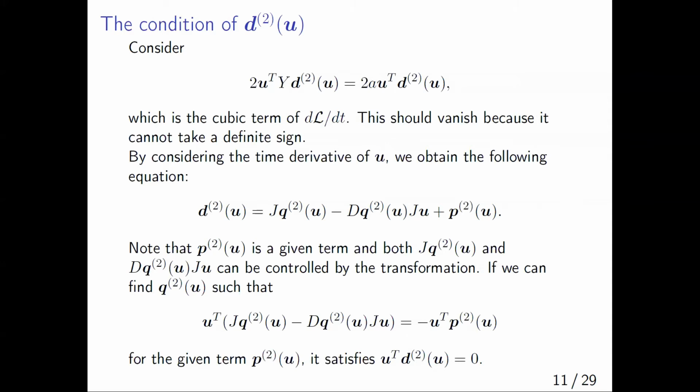P2 is a given term, and both JQ2 and DQ2JU can be controlled by the transformation. If we can find Q2 satisfying this equation for the given term P2, then it satisfies U transpose D2 equals 0.